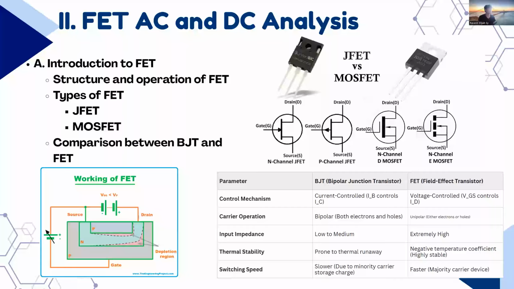Furthermore, while BJTs require continuous base input current to remain active, FETs only require a voltage set up across their massive input impedance, making them far more power efficient in digital switching and integrated circuit devices.